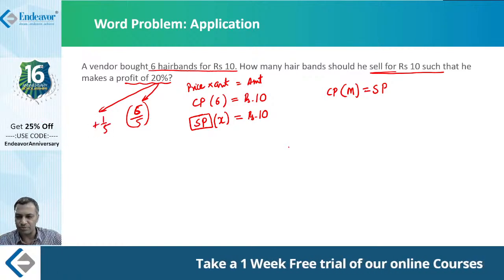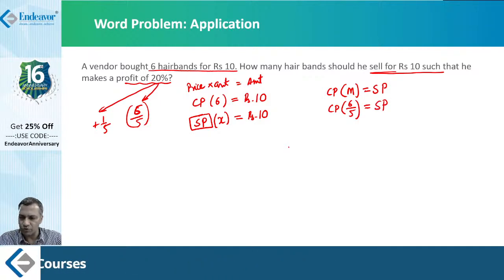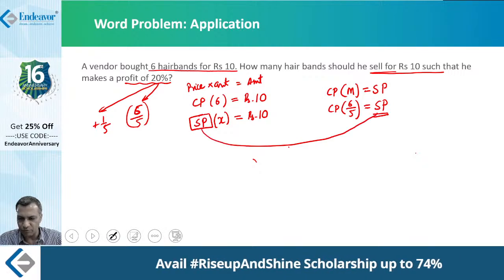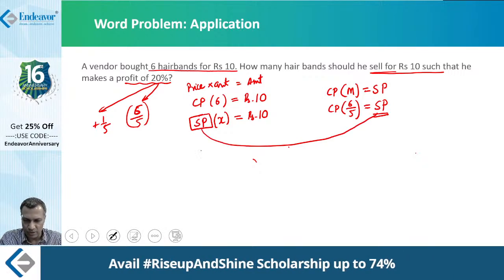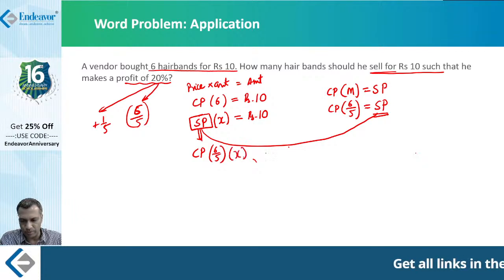Apply it here. Cost price multiplied by 6 by 5 becomes the selling price. These are the same two selling prices. Therefore, substitute for this: 6 by 5 times the cost price, and there is another X here, so this becomes rupees 10.